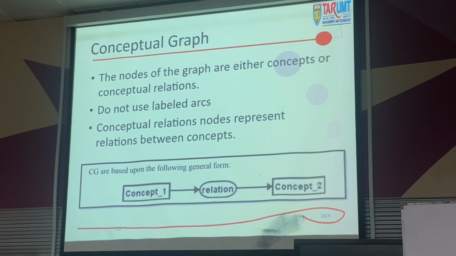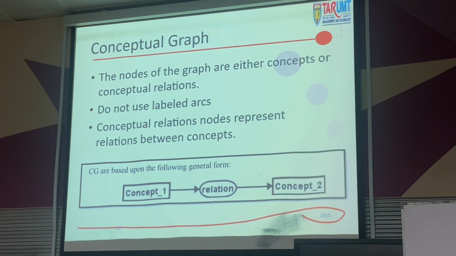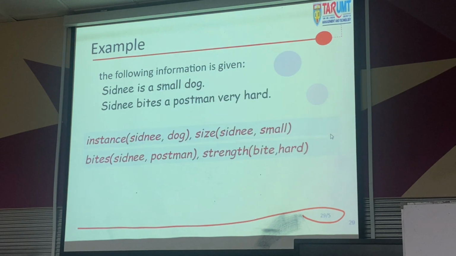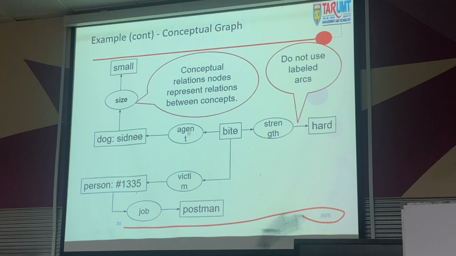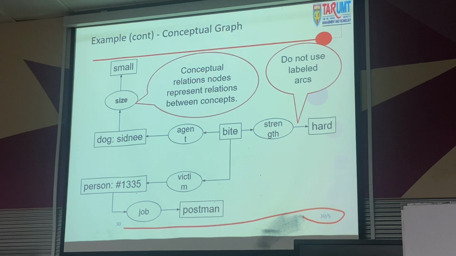So this is by using a conceptual graph. In semantic networks, we put the relationship on the edges. In the conceptual graph, we have to use a node to represent the relationship. Just now we just put the arrows and put the relationship on them, but in the conceptual graph, we have to represent the relationship using nodes. This is the only difference. If you would like to know more about the conceptual graph, you can explore by yourself.